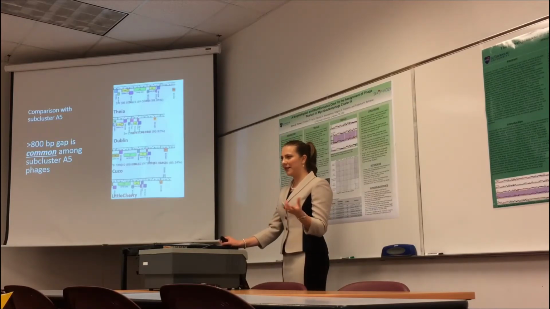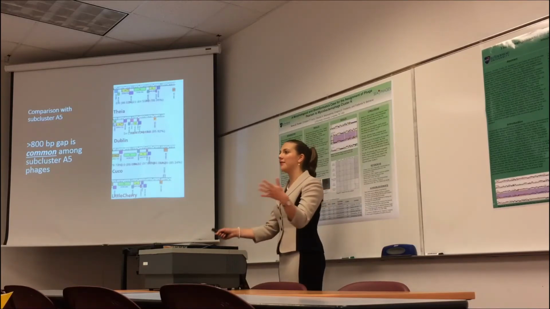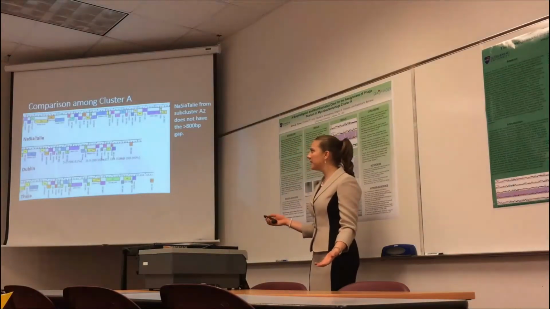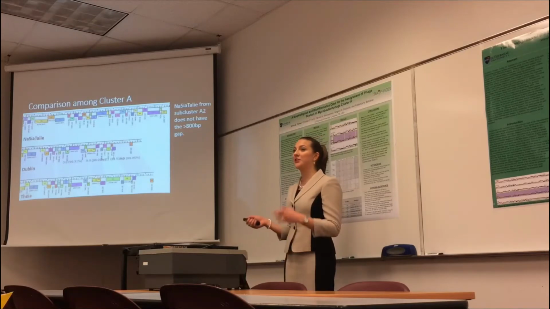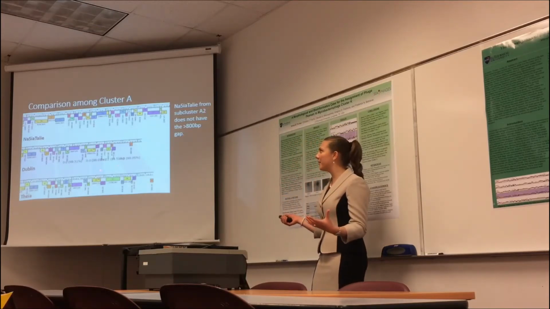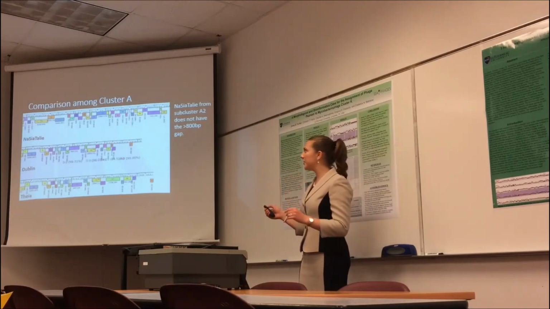So from here, we can ask ourselves, that's subcluster A5, and cluster A has a lot of subclusters. What about the rest of cluster A? So we decided to pick phage Nasiatali from subcluster A2. As you notice, it does not have this large gap, and there are genes coded in the same position.